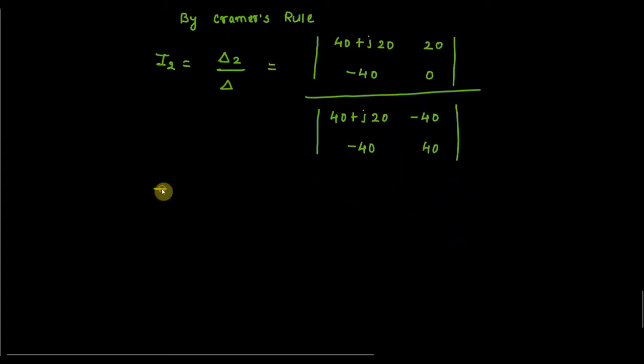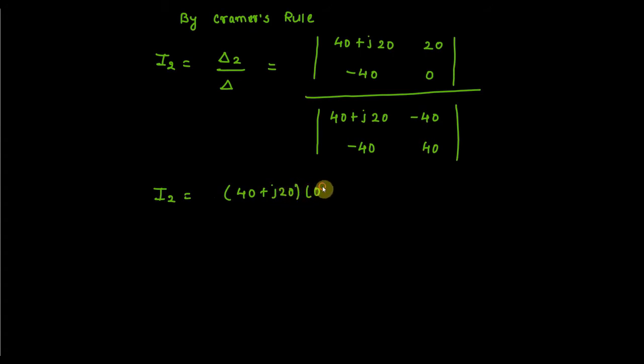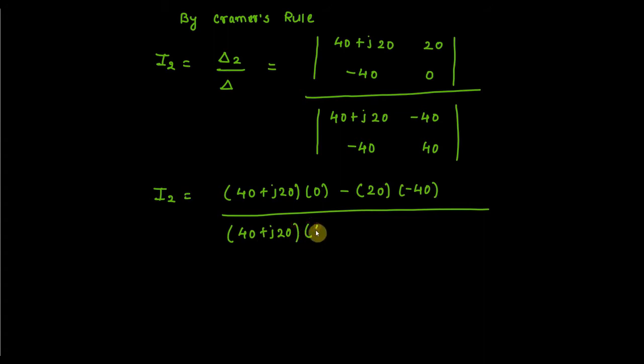I will solve here. So it is 40 plus j20 multiplied by 0, minus 20 into minus 40, divided by 40 plus j20 multiplied by 40, minus minus 40 into minus 40.